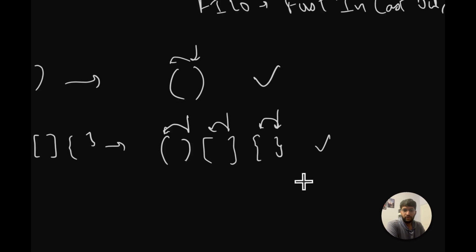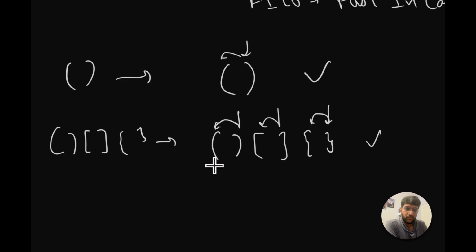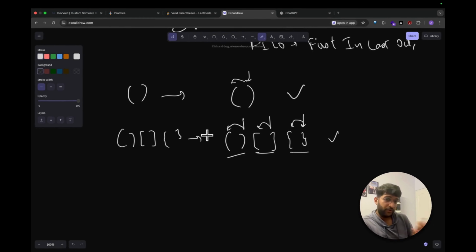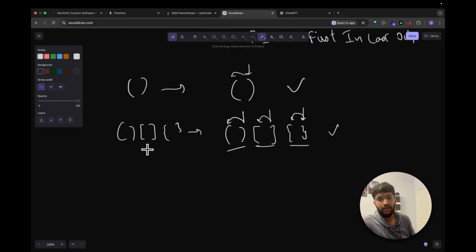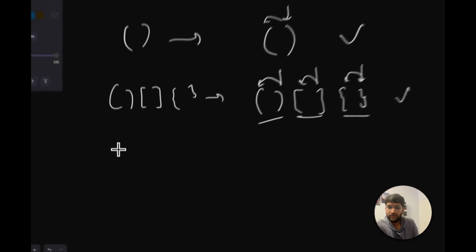So here, what did we do? We verified that brackets are closed in the right manner, right? Good. Every time we encountered a closing bracket, we checked what is the most latest one. In our case, the most latest one is the previous opening bracket. Similarly, let's take this example.